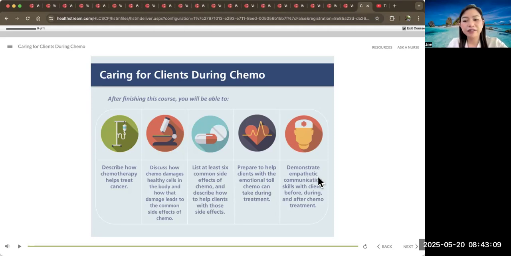Demonstrate empathetic communication skills with clients before, during, and after chemo treatment. So during caring for clients undergoing chemotherapy, of course, we are caring for clients, right? And after finishing this course, these are the things that we should be able to gain. Okay, let's continue on.